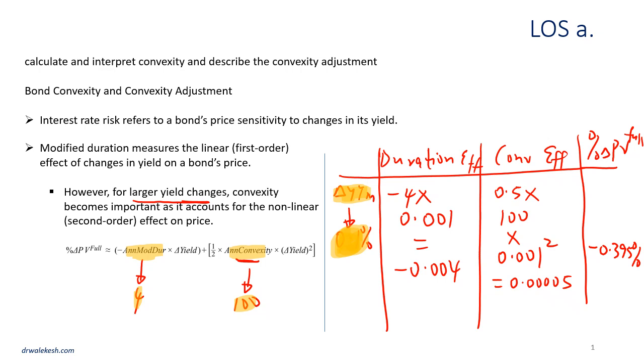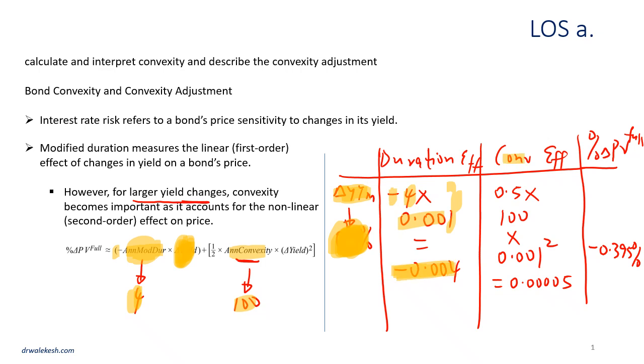Inserting this small change in YTM of 0.1% into this formula, it will be negative times 4, then times the change from the increase in yield. Converting that to decimals will be this. So if you solve for the whole of this, the duration effect is this.